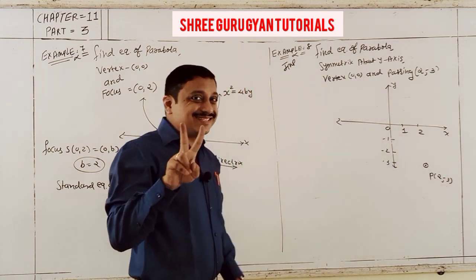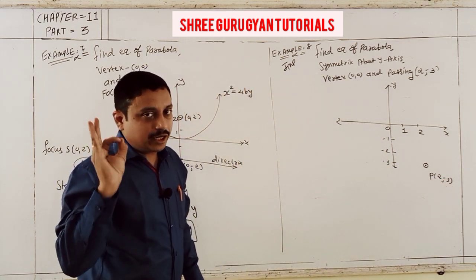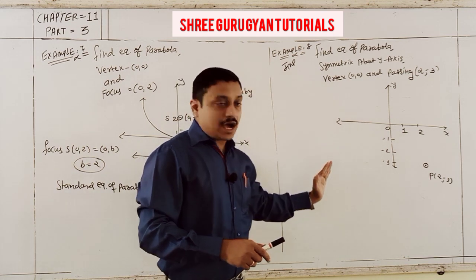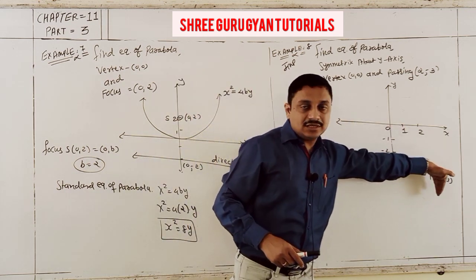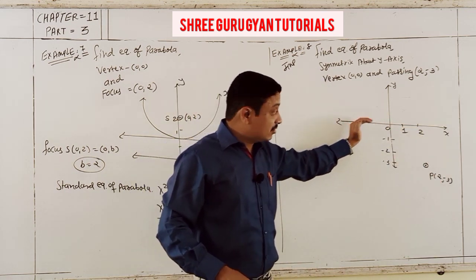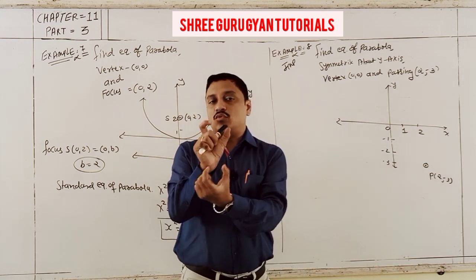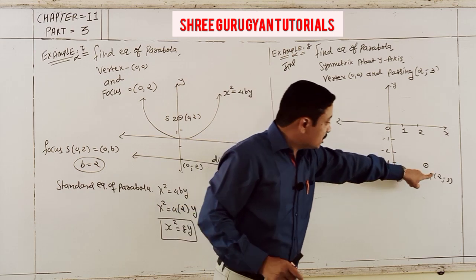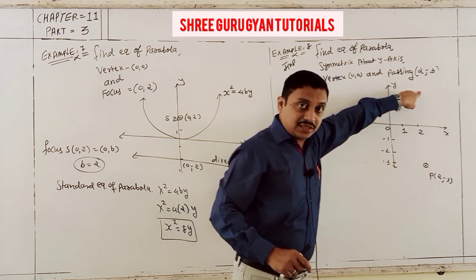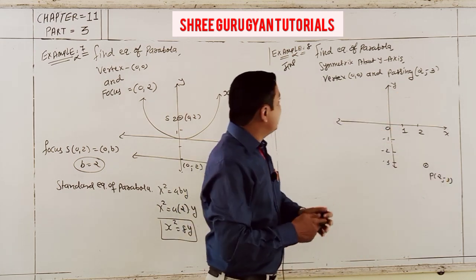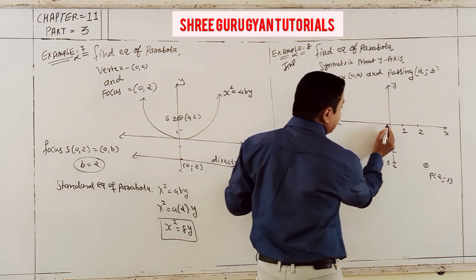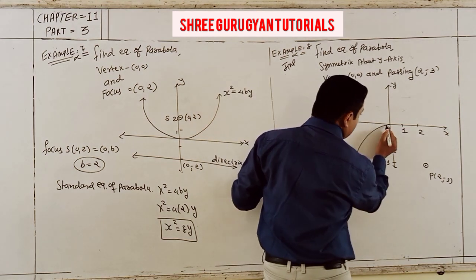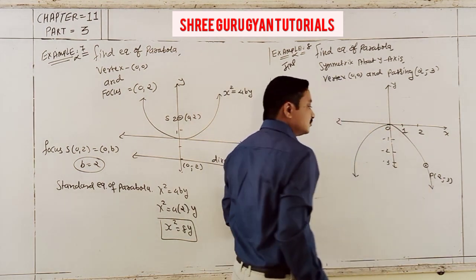Now here two cases are available. Symmetric about the y-axis means your graph goes up and down along the y sides. If it were symmetric about the x-axis, your graph would go the other way. I cover symmetric about y, so my graph goes this side, passing through this point.